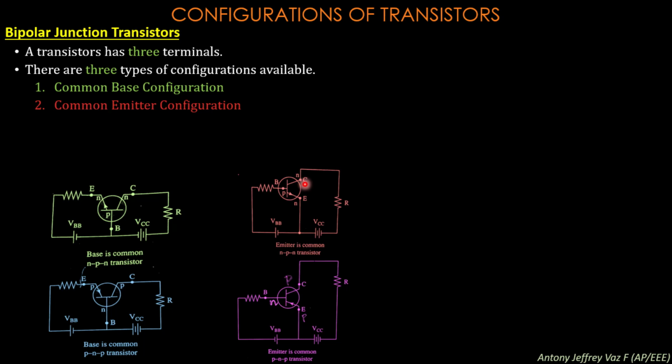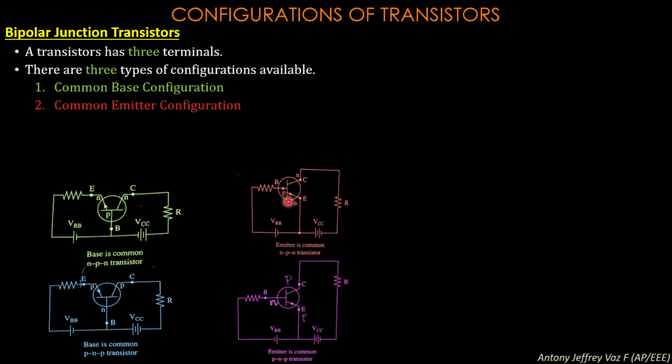The other two terminals, the collector and the base, are connected with the external supplies VCC and VBB positive terminal. Once the emitter is connected in this position to these two batteries, it is represented as the common emitter configuration. This is the same for the PNP transistor also.